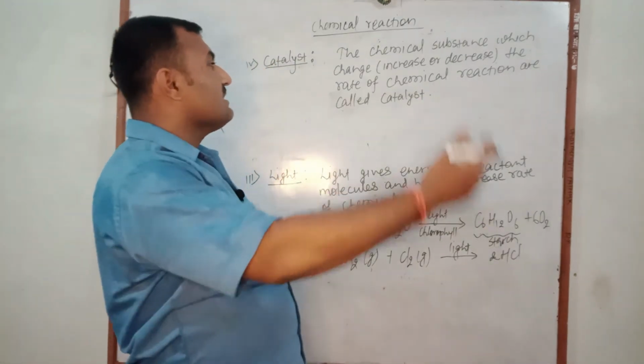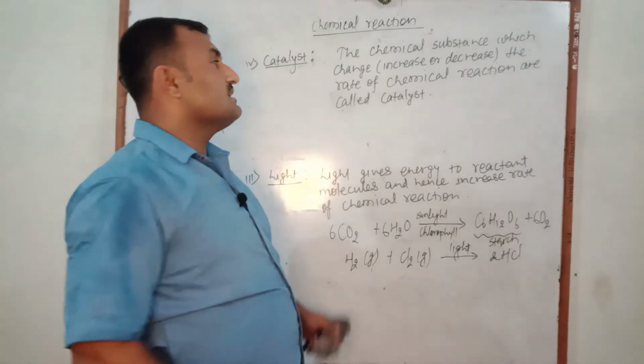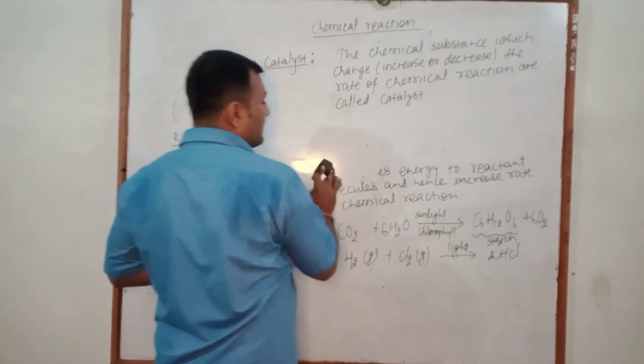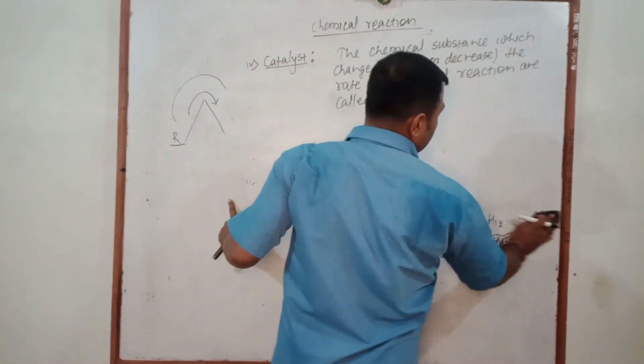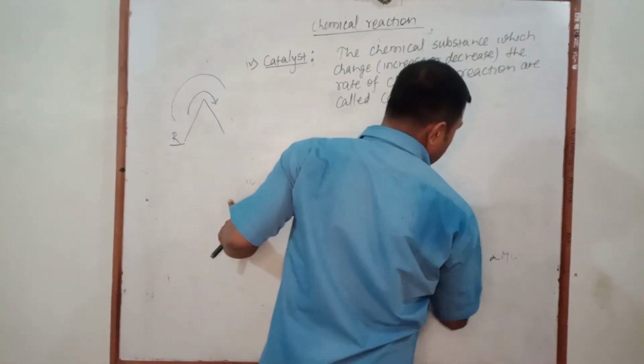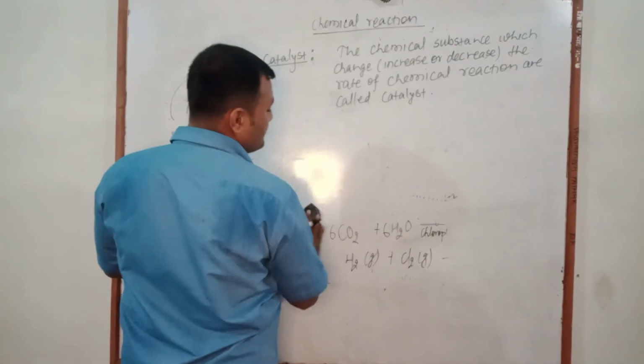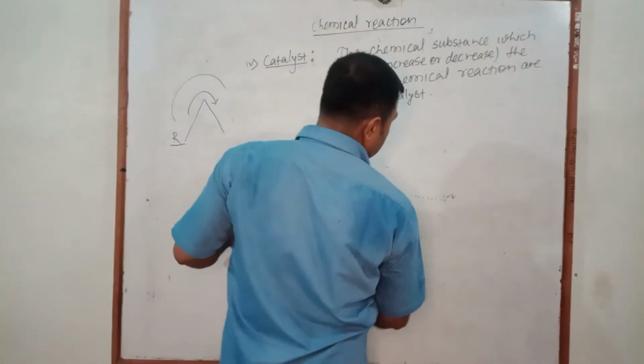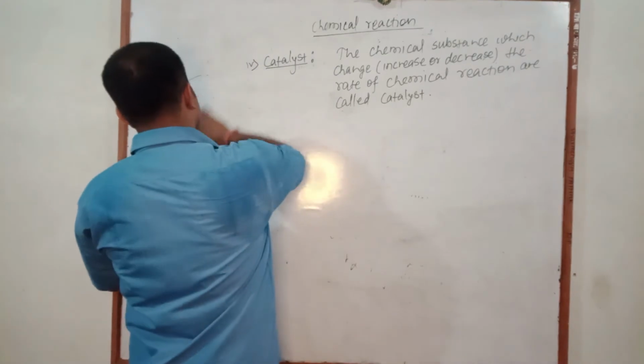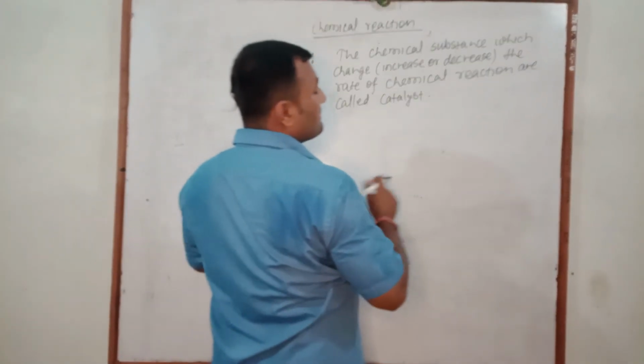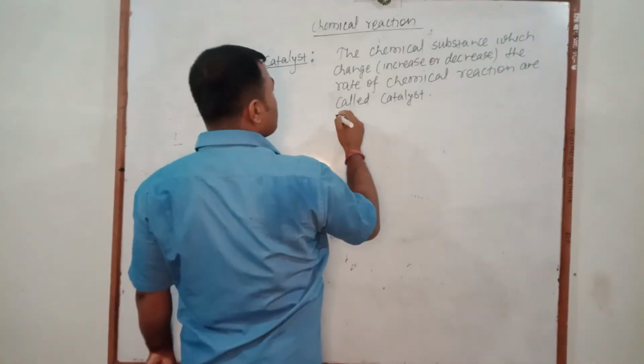Catalysts are chemical substances that increase or decrease the rate of chemical reaction. So which type of substance is called a catalyst or used as a catalyst? If these properties are found, then a substance can be used as a catalyst.